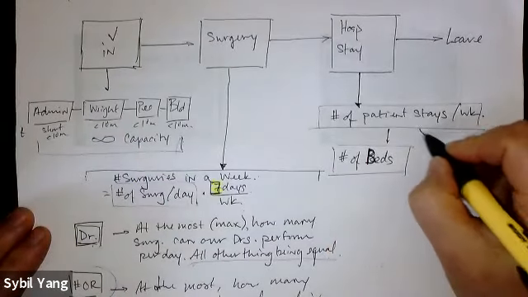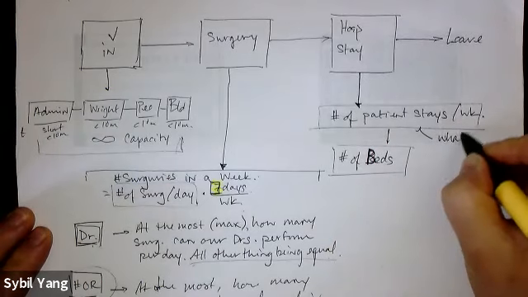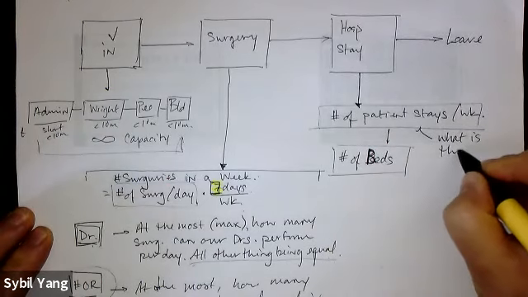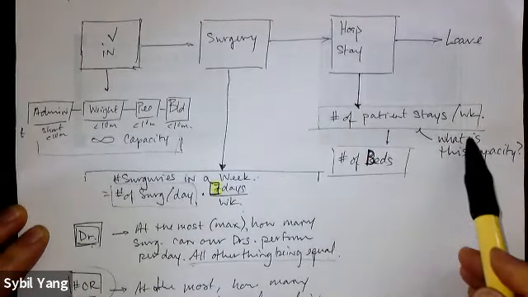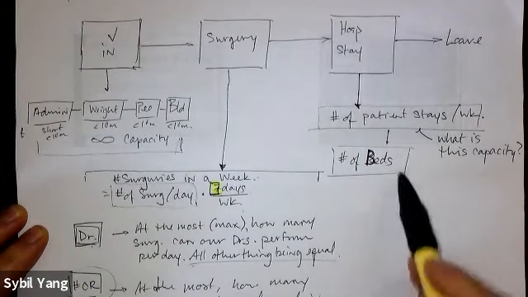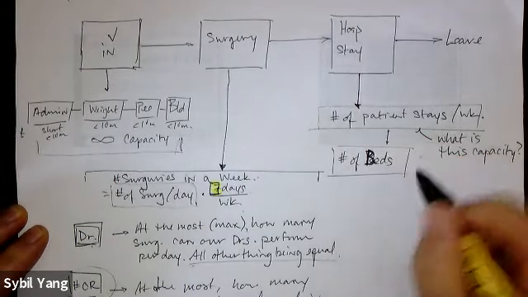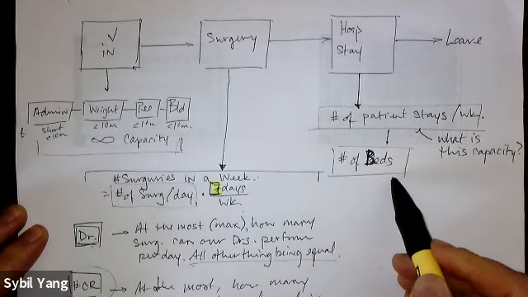So we need to find what is this capacity, right? How many patients can we have staying in any given week? And we're going to assume that the number of hospital beds is going to be our constraint.